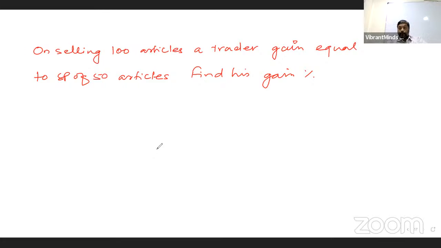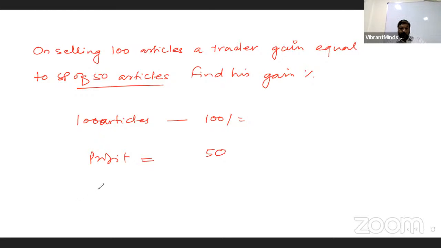Now, suppose for 100 articles, he sold for 100 rupees. So what is his profit? Profit is selling price of 50 articles. Selling price of 50 articles will be what? 50. Isn't it? So selling price of 100 articles is 100, profit is 50.